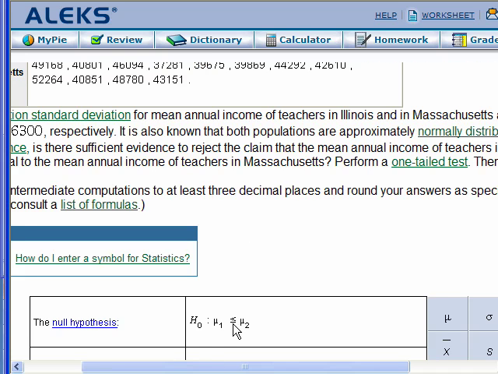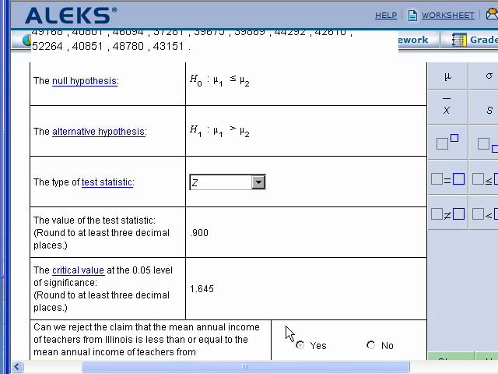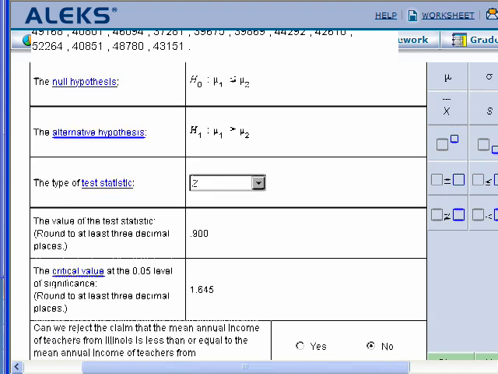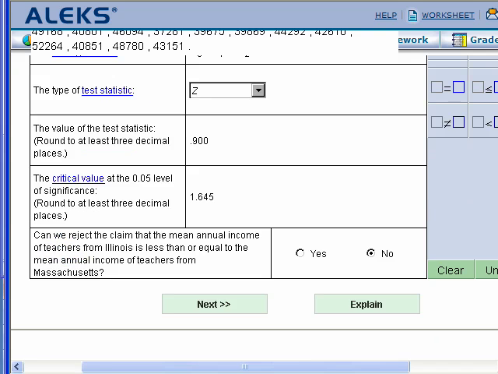So since H naught is less than or equal, and our decision was do not reject it, then our answer is no, we cannot reject the claim. If it were in the critical region, then we would reject the claim, and therefore it would be yes, we reject the claim. Okay? So you have to be real careful, because sometimes the claim is the null hypothesis, sometimes the claim is the alternative.